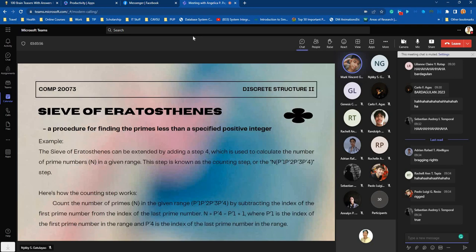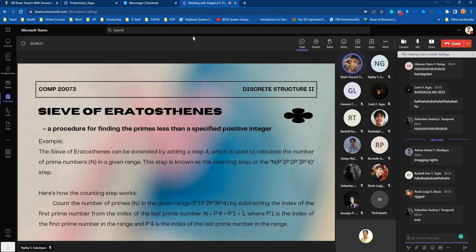Example, the sieve of Eratosthenes can be expressed by adding a step 4, which is used to calculate the number of prime numbers n in a given range. This step is known as the counting step, or the n is p prime sub 1, p prime sub 2, p prime sub 3, p prime sub 4 step. Here's how the counting step works.